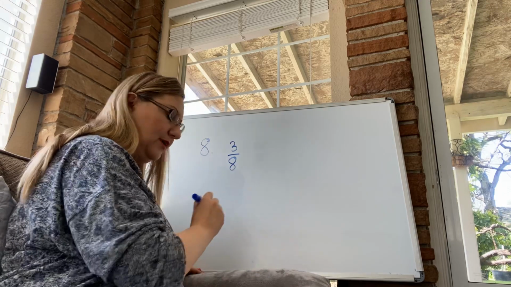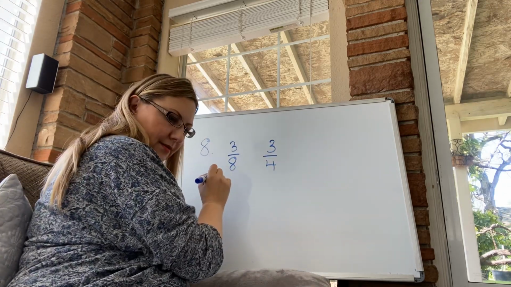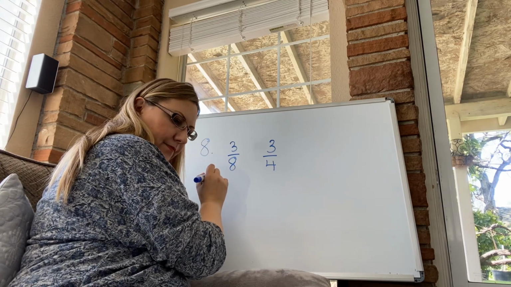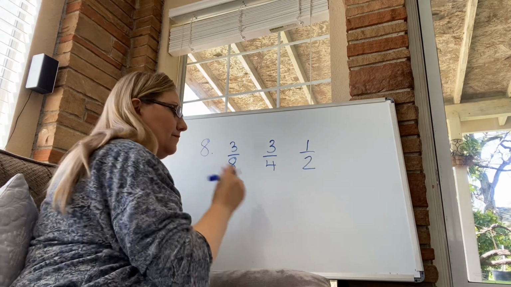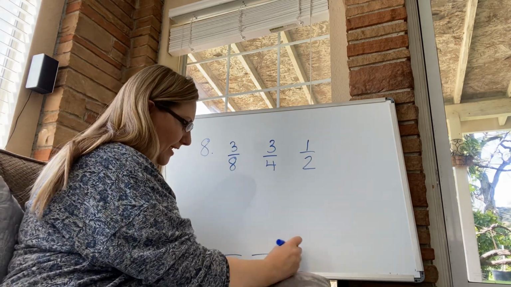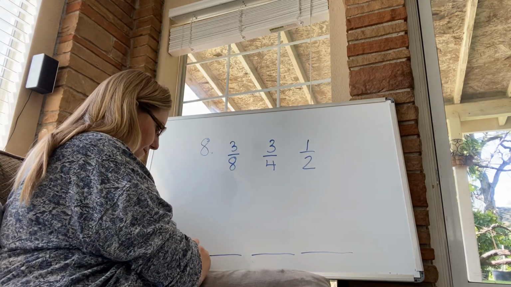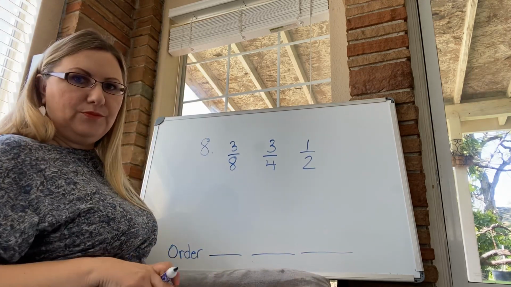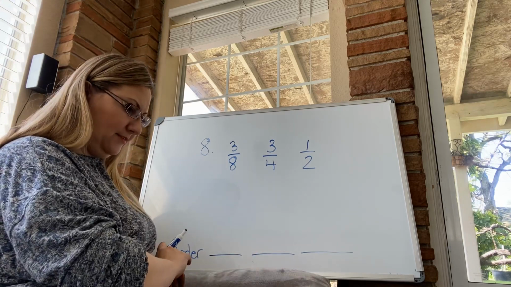So I'm going to say 3/8. We have 3/4. And we have 1/2. Okay. So down here we will order them from greatest to least. I just wrote the word order. So I'm just preparing to write my answer.